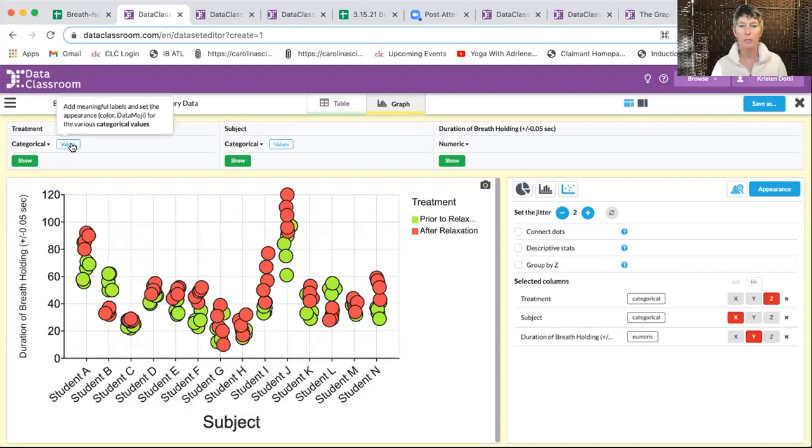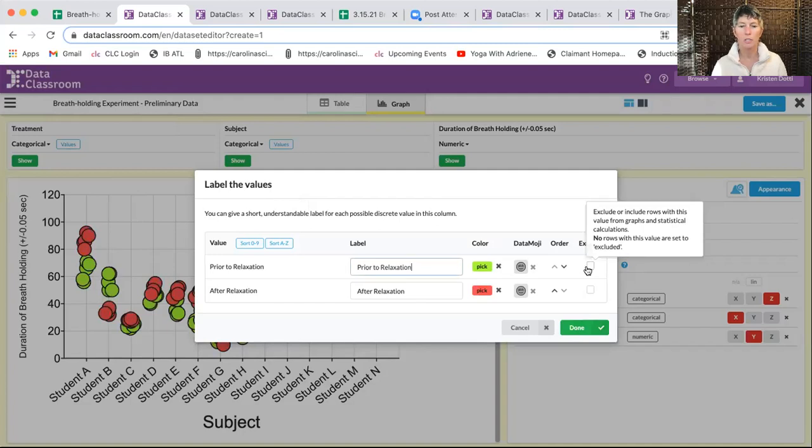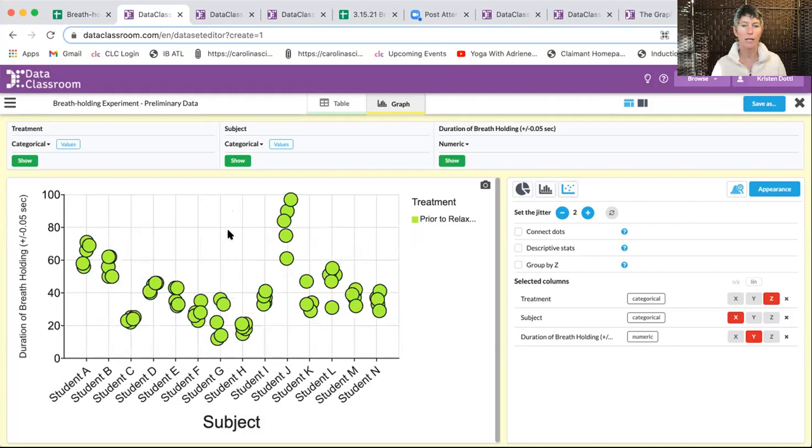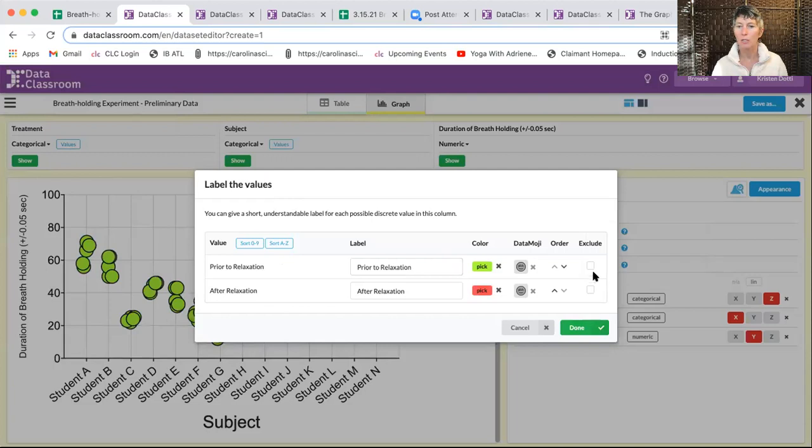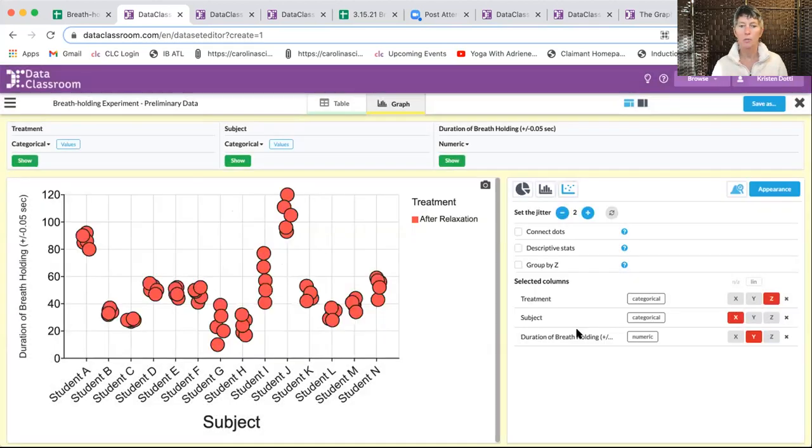I can also go in there and exclude one. So you can see right now that they're overlapping. And if I just want to take a look at where their data fell out before, I can do that in this way. Or I could have both shown at the same time, or I could switch over to the other so that it's only after relaxation. It's hard to compare them though when they're on two separate graphs.